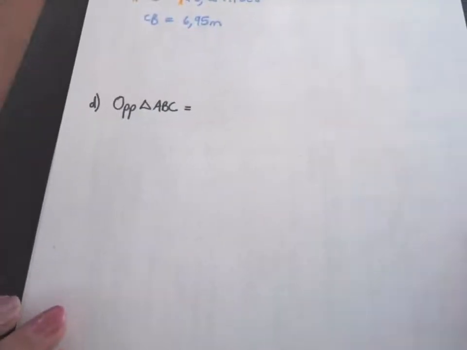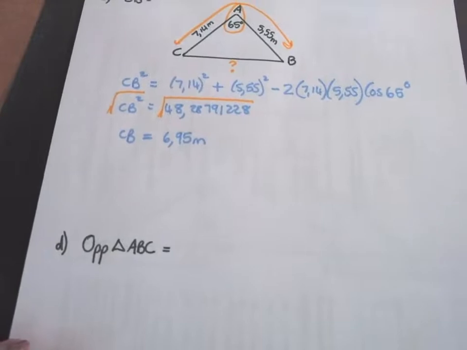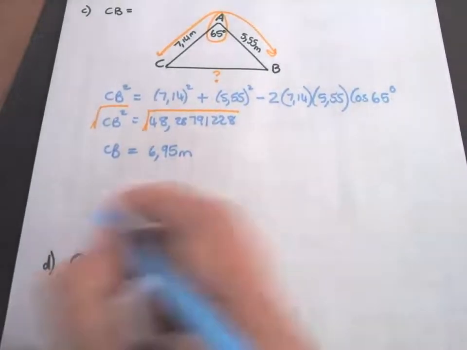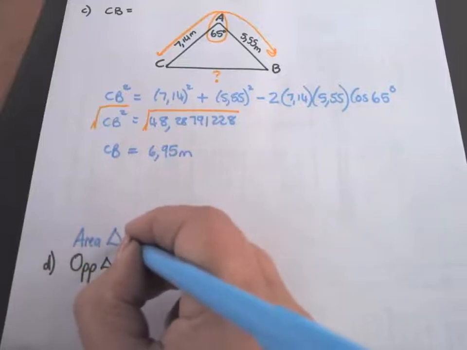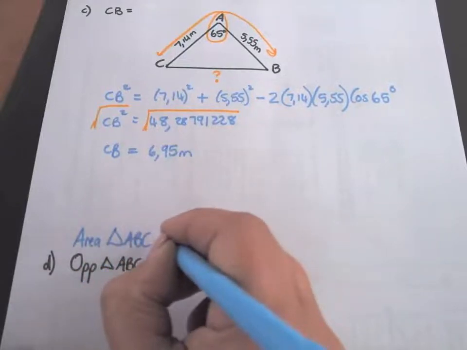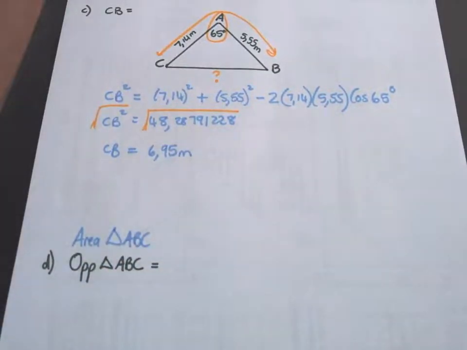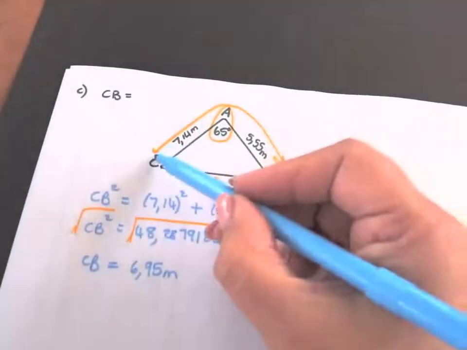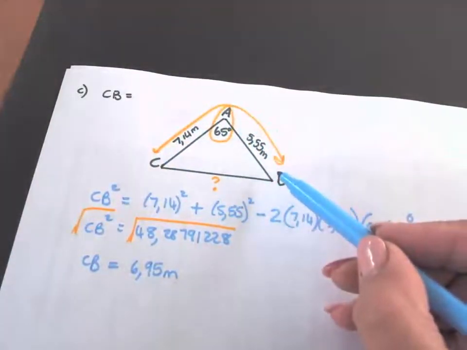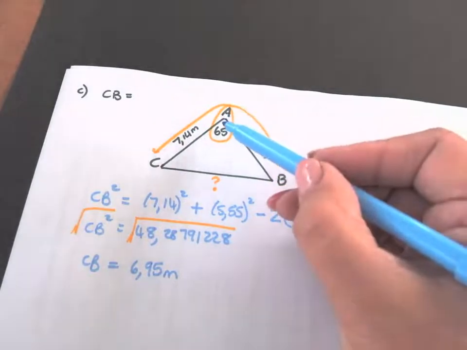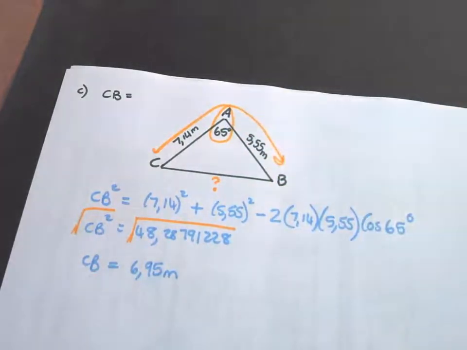Number D, I want the area of the grass. So the area rule applies. Again, we use the safety pin. This side length times that side length times a half times sine 65. Judah, are you awake?